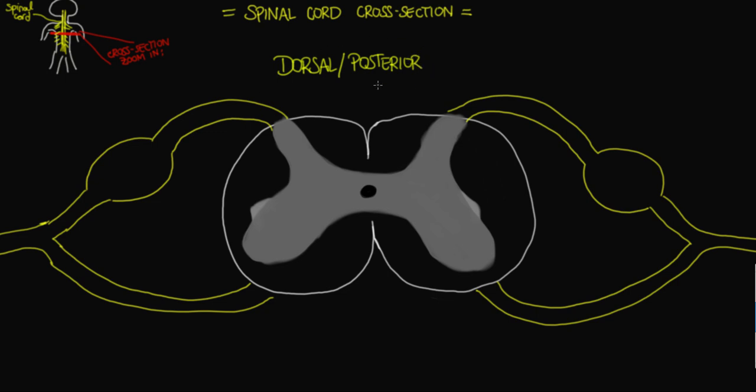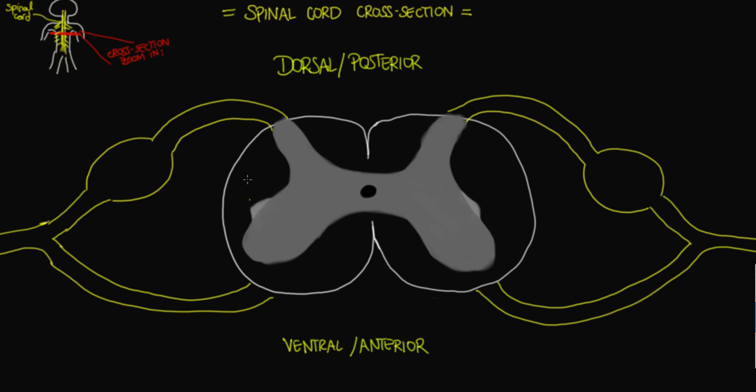So this is going to be the side that faces the back. And then the other side is going to be the ventral side or anterior. And so this is going to be the side of the spinal cord that faces your belly or is closer to your belly.